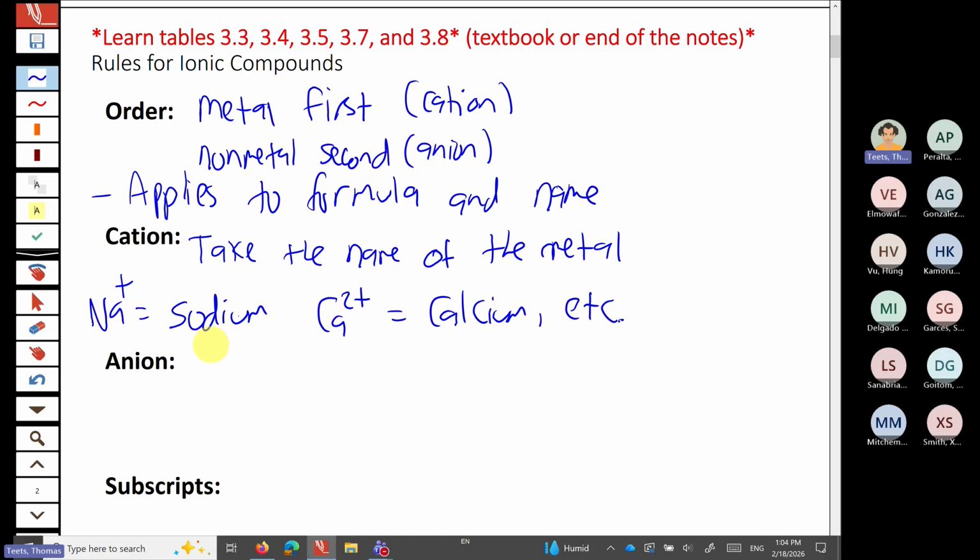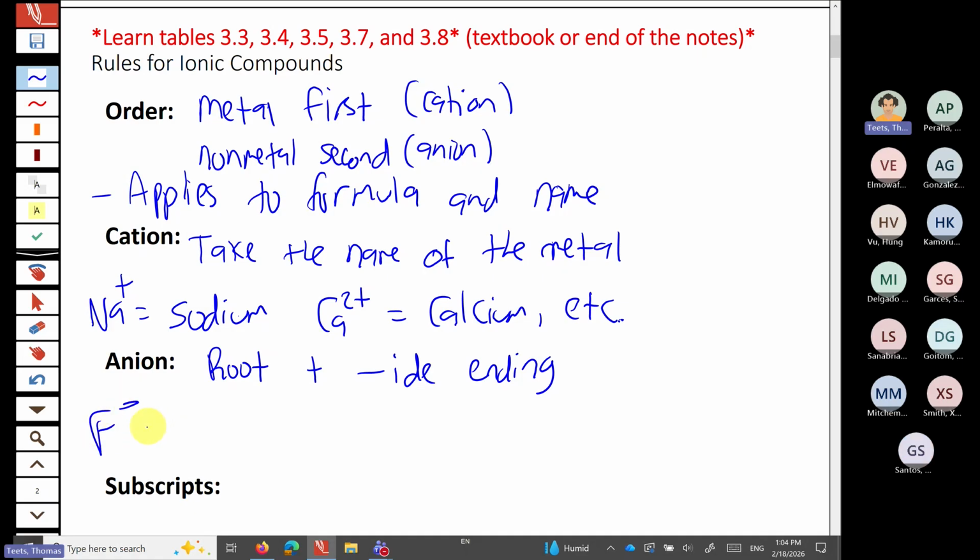Now for the anion part of the name, for the second part that comes from the nonmetal, you use the root name, the root part of the element name, and then you add on an IDE ending. So if you had an ionic compound that included fluorine, F is in the second to last column of the periodic table, so we would predict a -1 charge for that anion, F-.